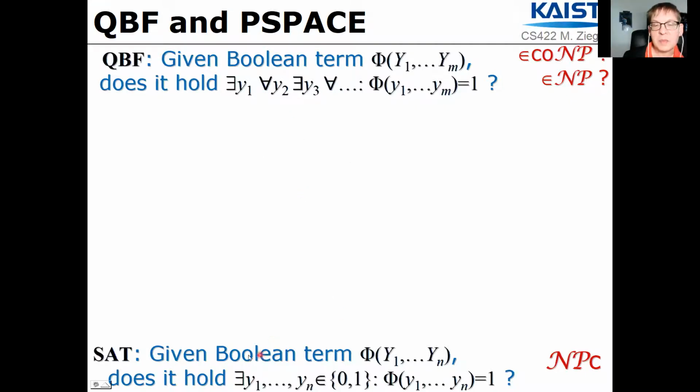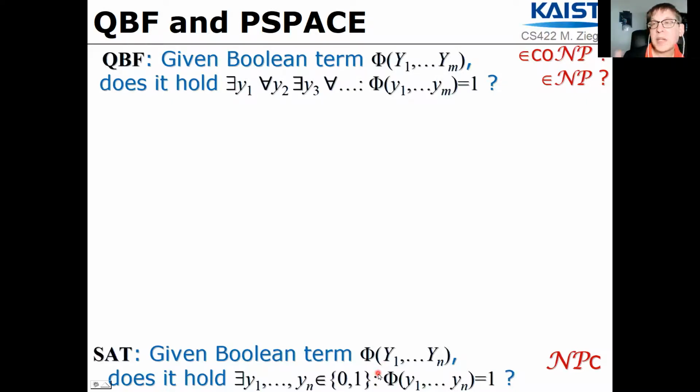Namely, recall that this problem asks for all assignments, for all y1, for all y2, and so on, for all yn: is it true that the Boolean expression evaluates to 0? Well, whether we say it evaluates to 0 or whether we ask whether it evaluates to 1 makes no difference. We can just take the negation of the Boolean expression, so this evaluates to 1 if and only if its negation evaluates to 0. So what it evaluates to doesn't really matter at this stage, since we don't require conjunctive normal form anymore.